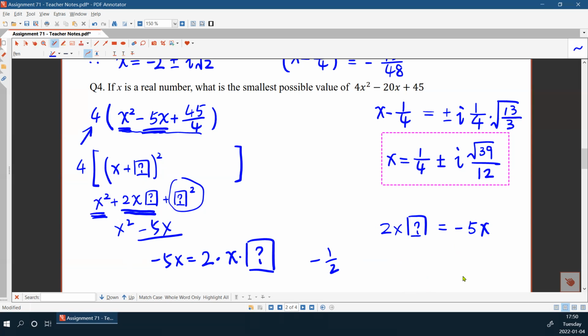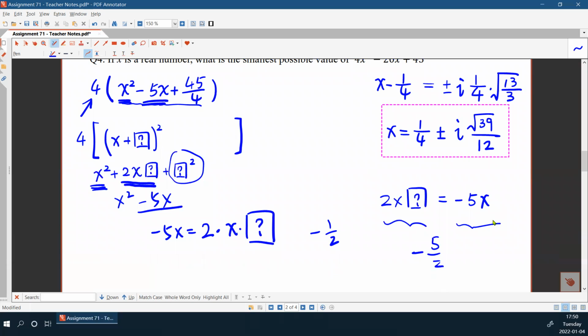Can you tell me what is a question mark? What should I put here in order to make the two sides equal? So negative 5 over 2, right? If you put negative 5 over 2, 2 cancels with 2 here, of course you will get negative 5x. Okay, so let's try negative 5 over 2.